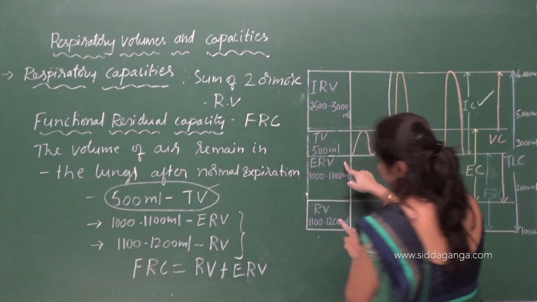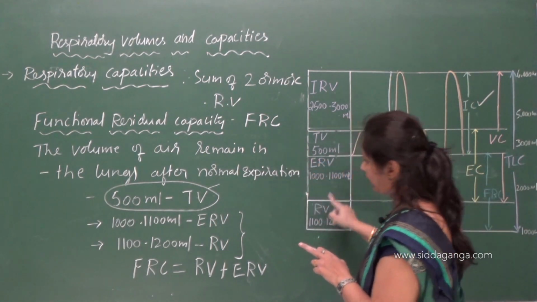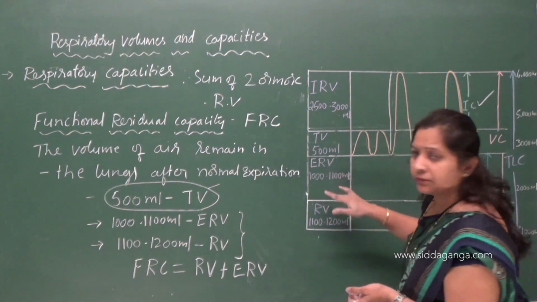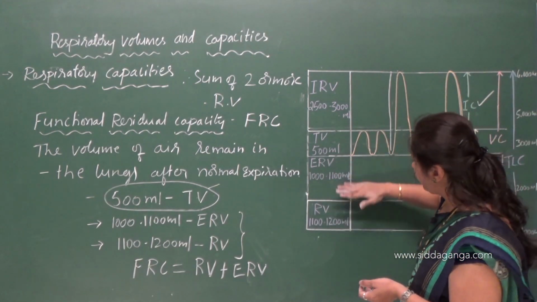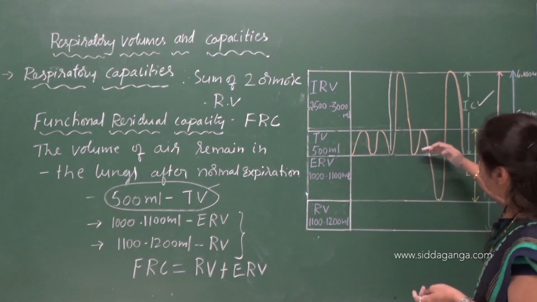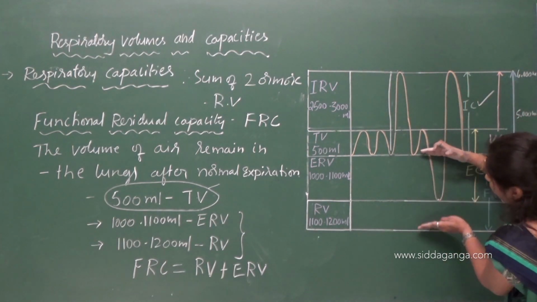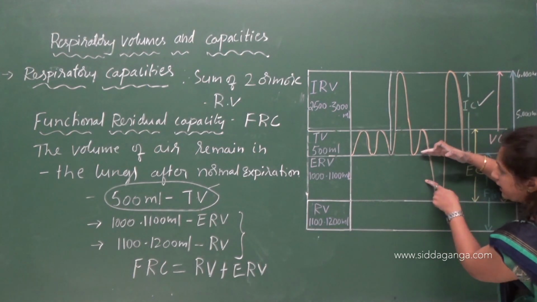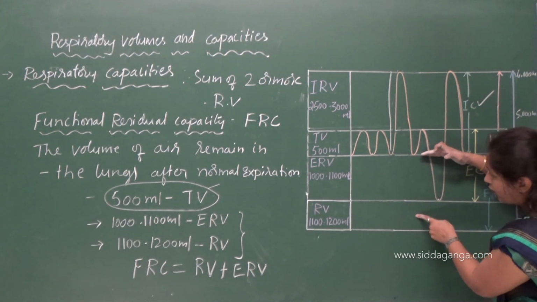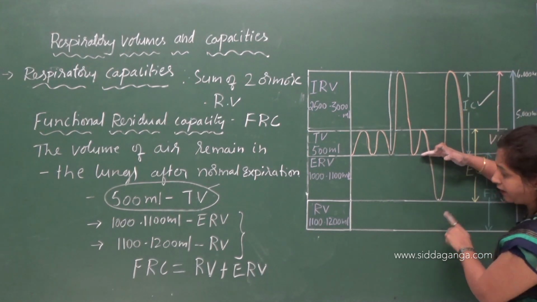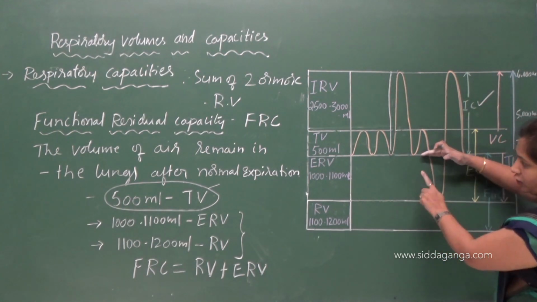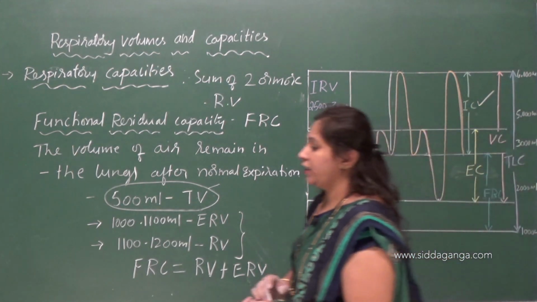So this is the volume of air that will remain in the lungs after normal expiration: the expiratory reserve volume, which we have not expelled out, and the residual volume that always remains inside the lungs. So that is functional residual capacity, okay, understood clearly?